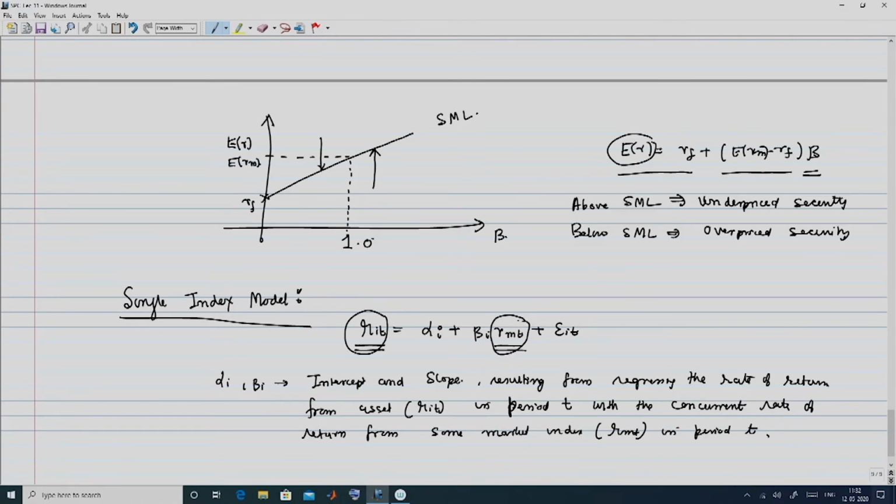So, I will treat my RIT to be some random variable y and RMT to be a random variable x, and you want to find a linear relation between them.